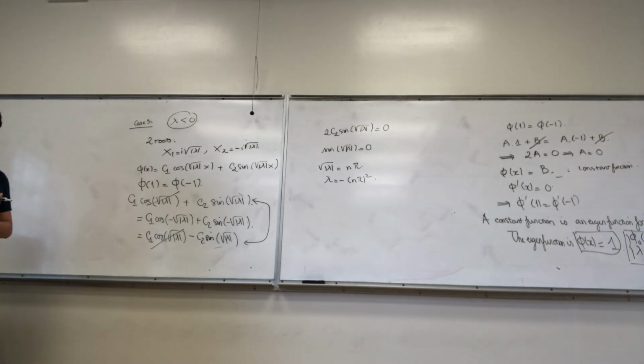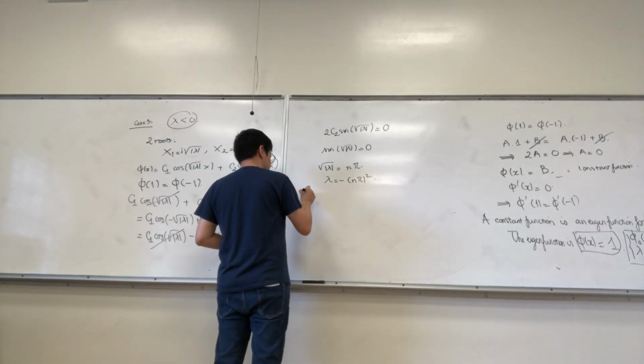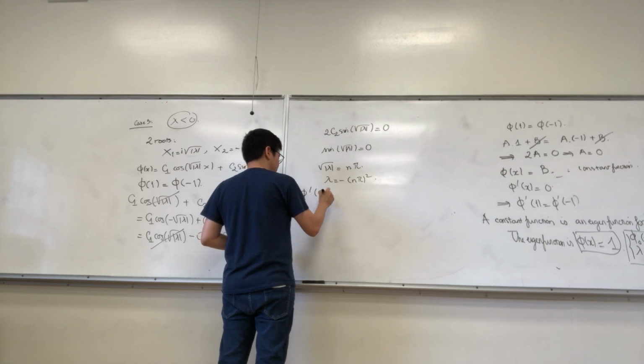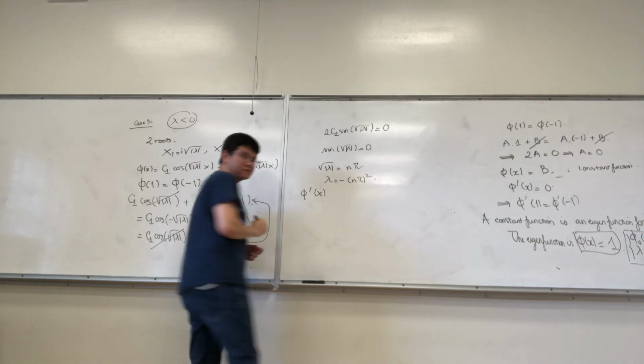Now I have to check the second condition. The second condition is what? The second condition is phi prime 1. So in order to do the second condition, I'm gonna have to take the derivative, right?